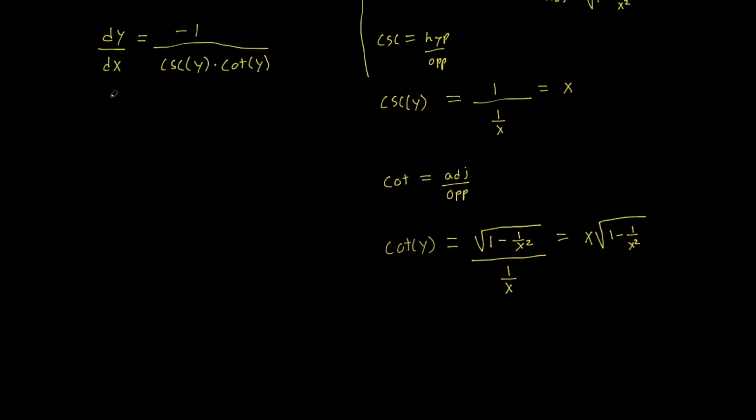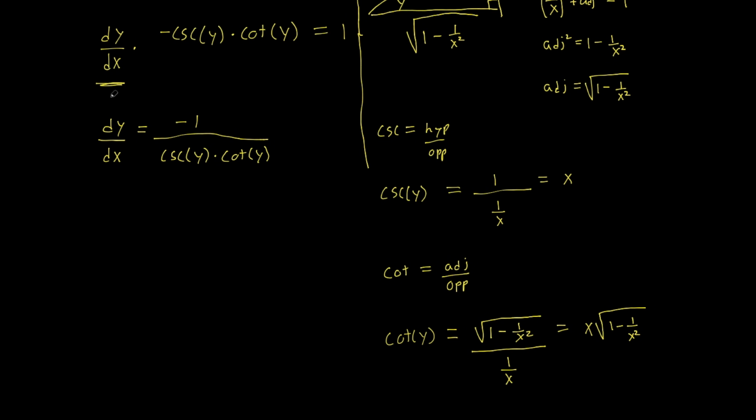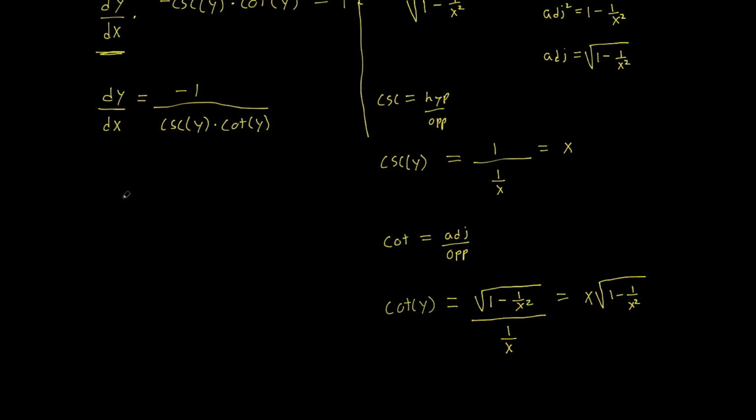So going back to solve our equation here, we have dy dx equals negative 1 over cosecant of y, which is equal to x, times cotangent of y, which is equal to x times the square root of 1 minus 1 over x squared.